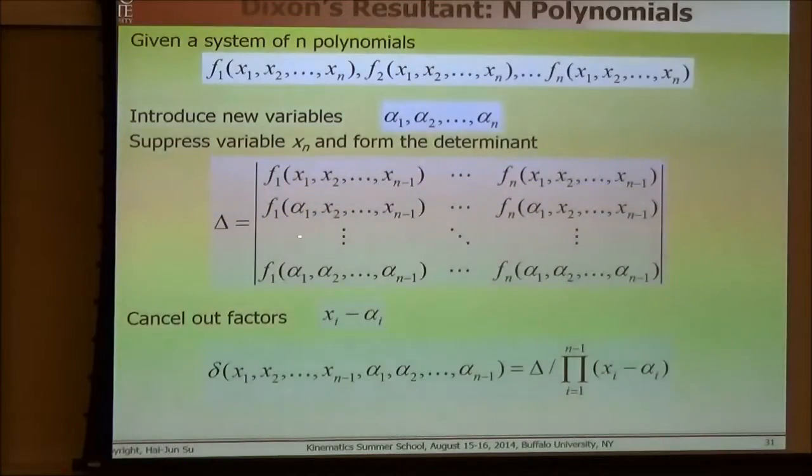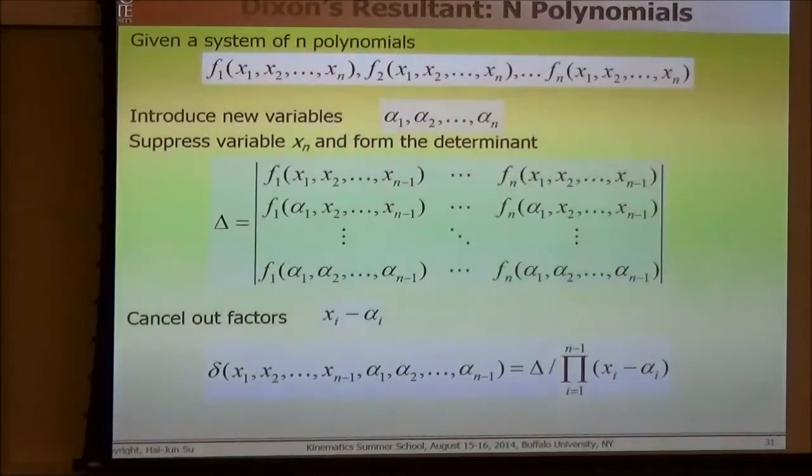The third row substitutes x2 by alpha 2 for the second row. And the last row is where xi is substituted by alpha i. So you can see that if I calculate the determinant of this matrix, I can always have the factor of xi minus alpha i.